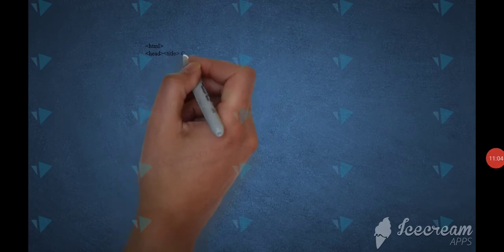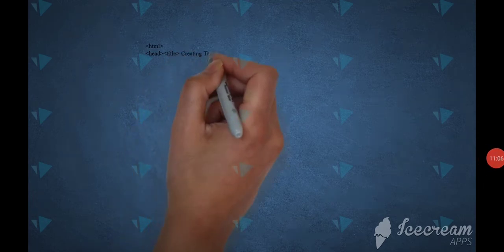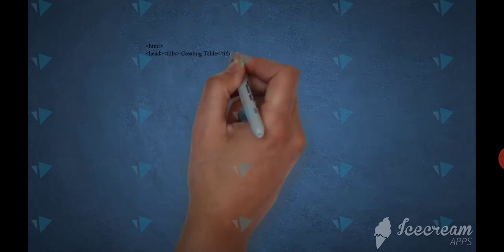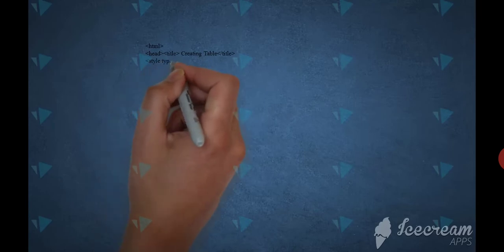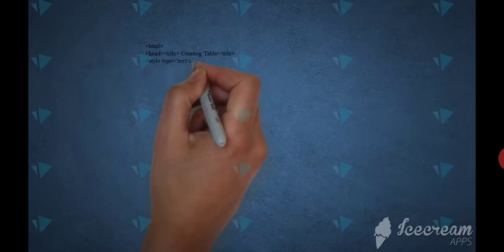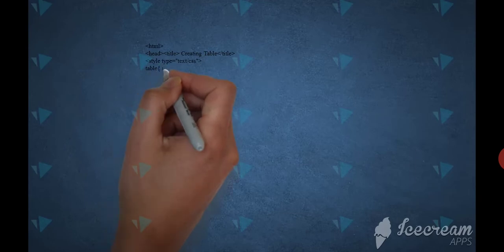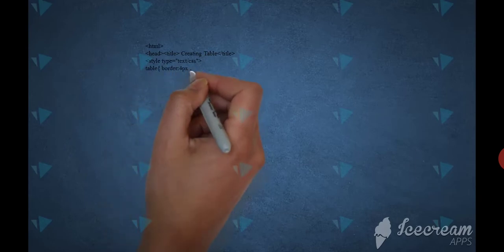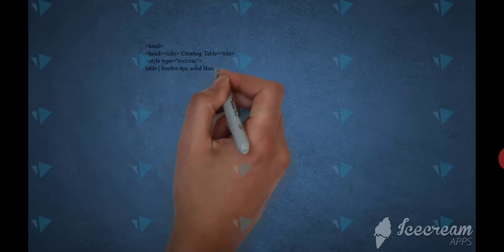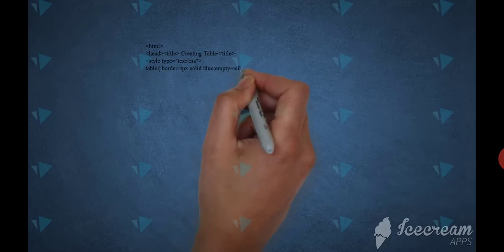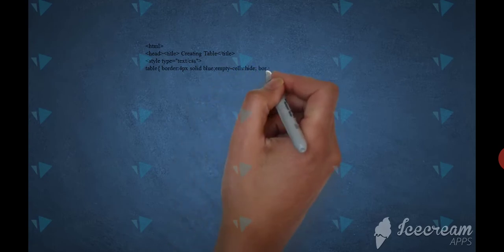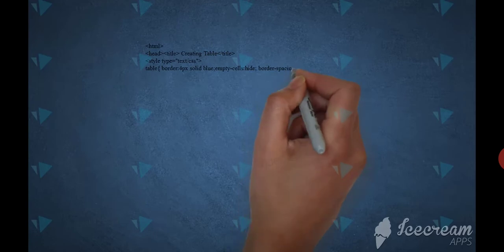Here we are going to write a program for making a table and inserting an image in an HTML document. For inserting an image, we can use the image tag with a src attribute, and for making a table, we can use the table tag and its attributes. Then save your program.